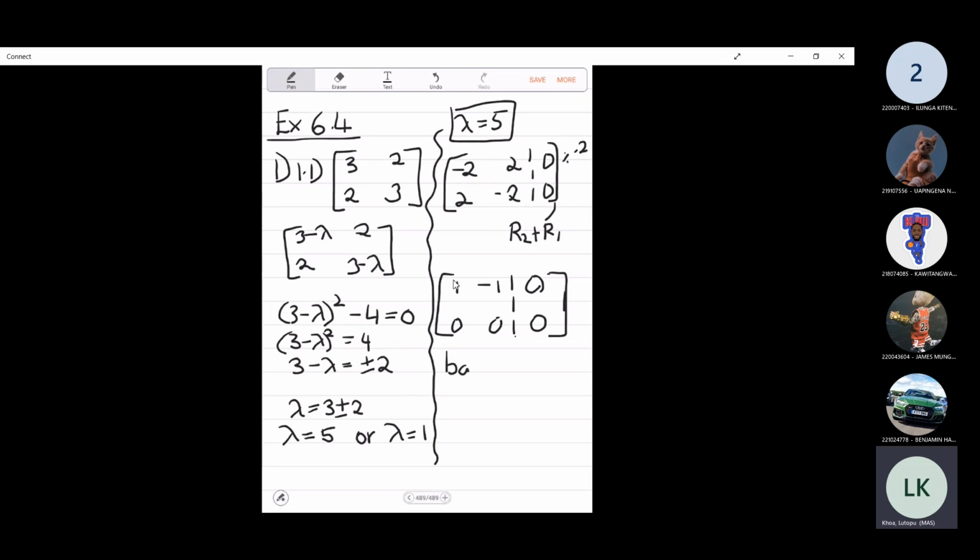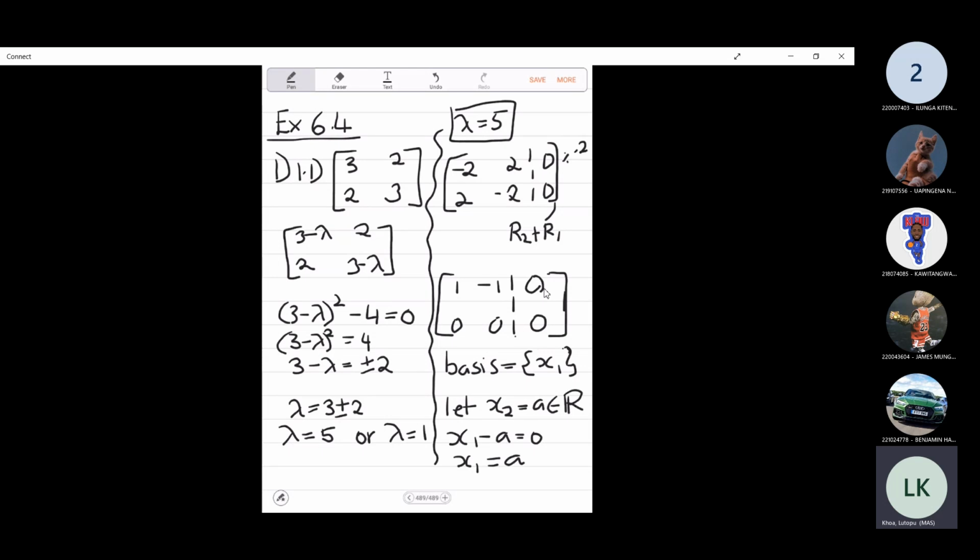So we have our basis, which is x1, and then we let x2 equal to a, where a is just a real number. So if x2 is a, I have x1 minus a is equal to 0. This means that x1 is equal to a.